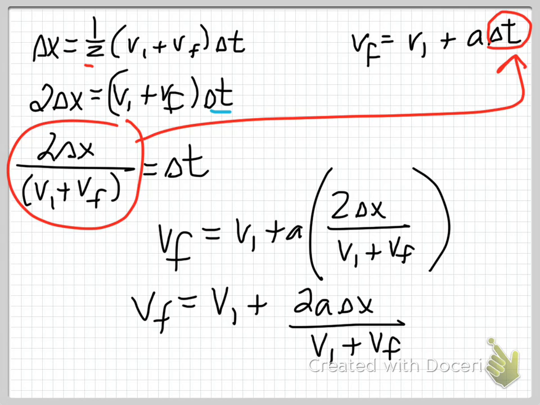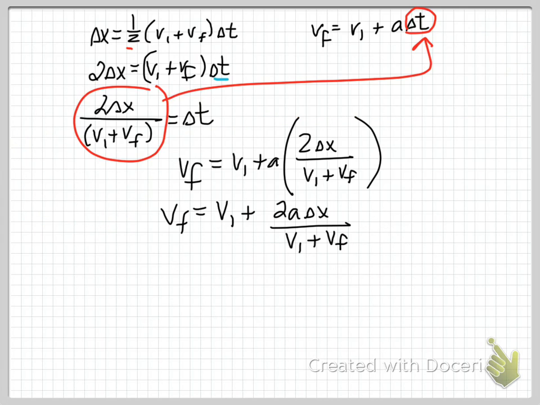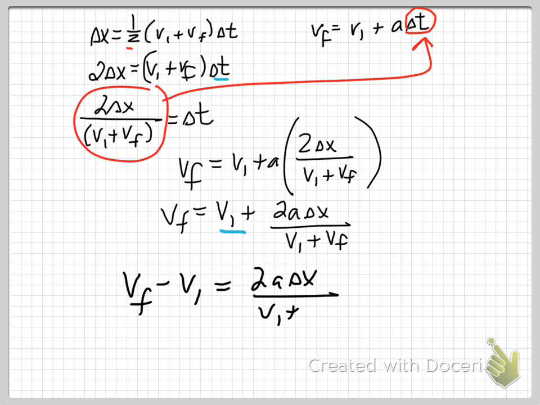Well, that's fairly hideous. But we have a simple solution. Let's shrink a few. We can start by moving this vi over. So we have vf minus vi equals 2a delta x over vi plus vf.